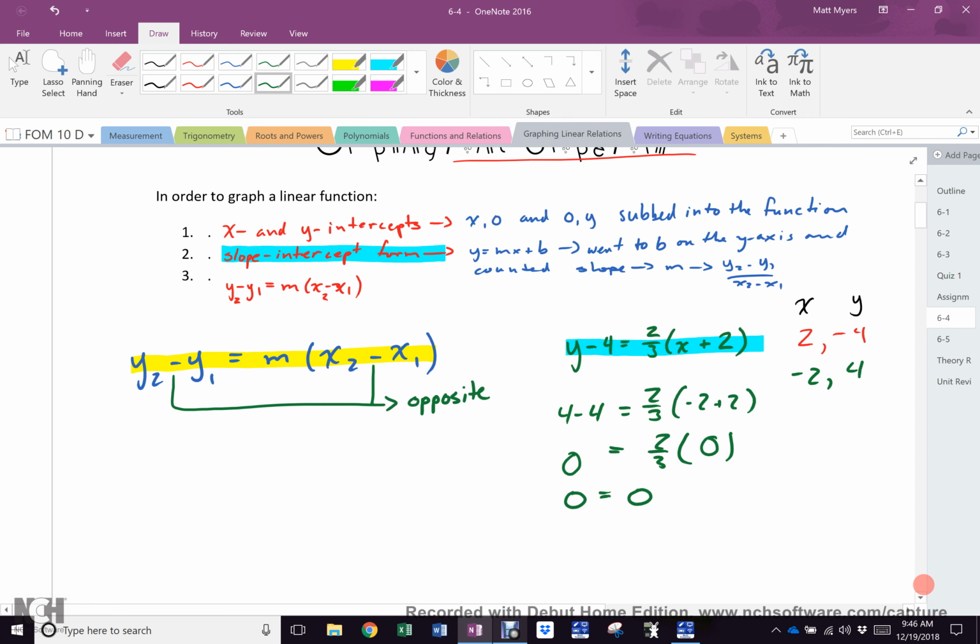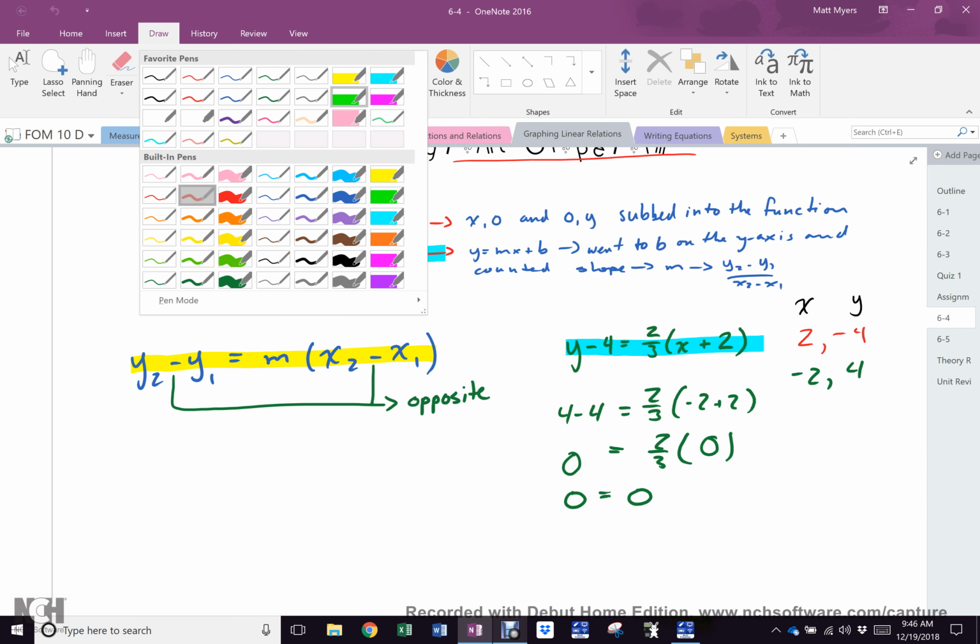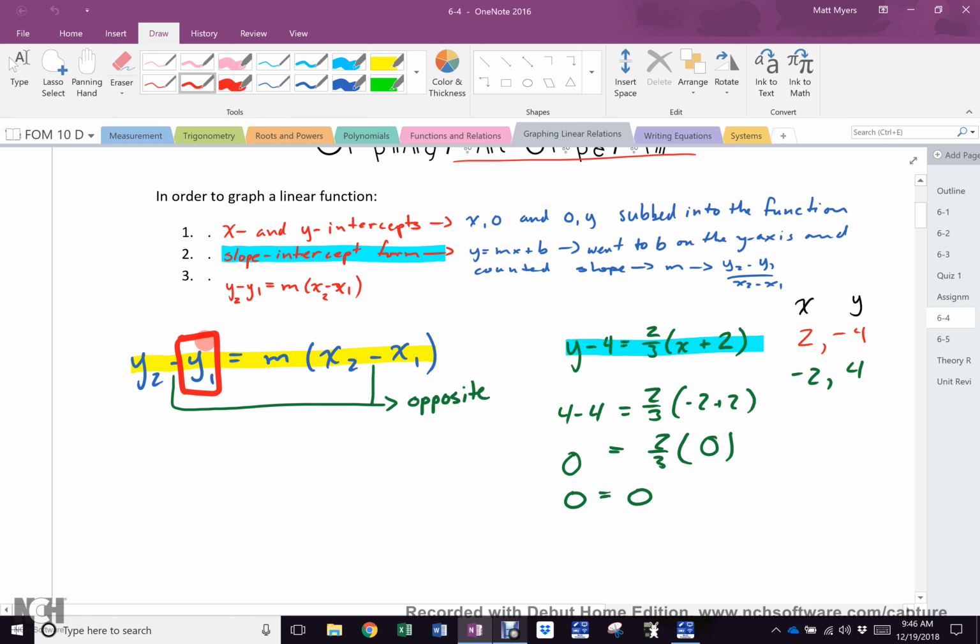So, what can we say now about that point and that point? What did they give us? Because there's those 2 points right there, yes?